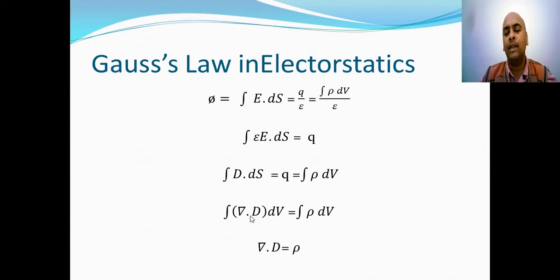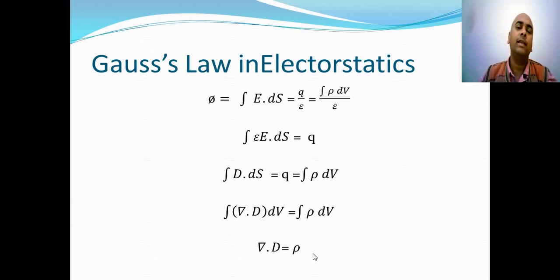Further, by using the divergence theorem we can convert the surface integral into a volume integral, and we obtain that the integral of divergence of D over volume V is equal to charge Q, which is equal to the integral of rho over volume V. So by equating, we get that divergence of D is equal to rho.